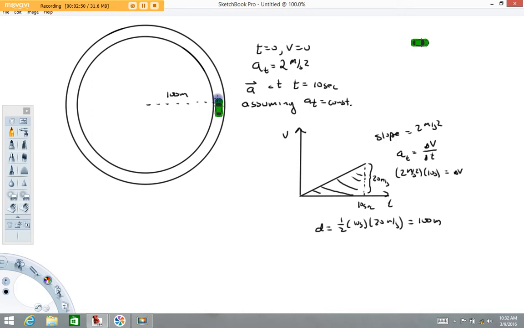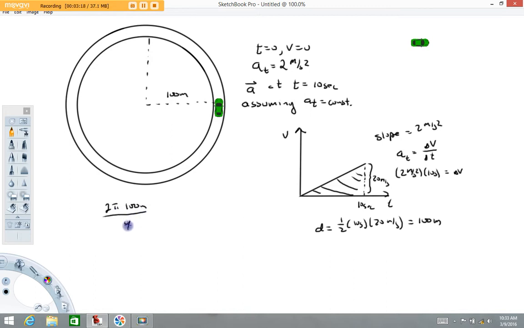Let's see, s equals r times theta. That's not what I wanted to say. Here's what I wanted. This distance right here is 1/4 of a circumference. The circumference of a circle is 2 pi times the radius, or 2 pi times 100 meters.